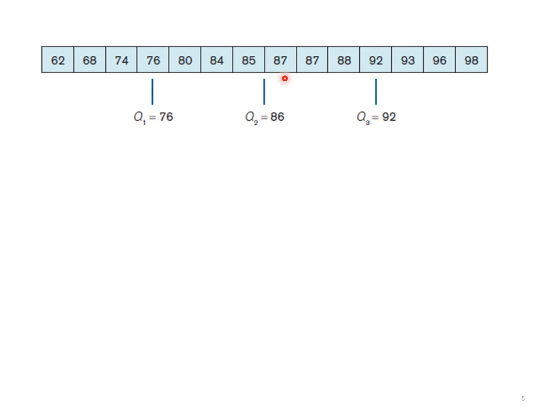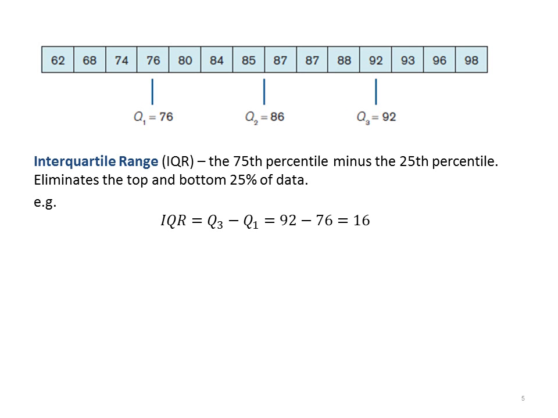So now the 3 numbers, 76, 86, and 92, split the data set into 4 equal quartiles. Interquartile range is the range of scores between the first quartile and the third quartile. So 92 minus 76 is 16.